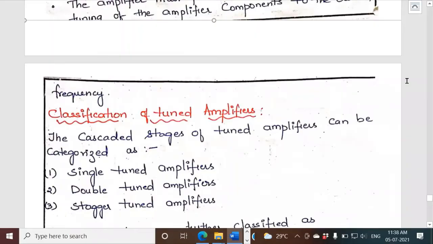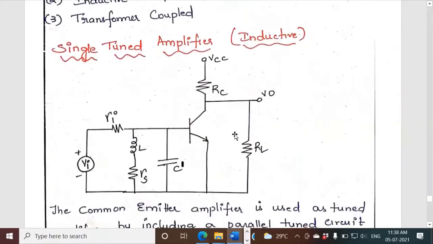What is a double tuned amplifier? Students, anybody answer? Single tuned amplifier means we are using one tuned circuit, for example this one, only one tuned circuit.